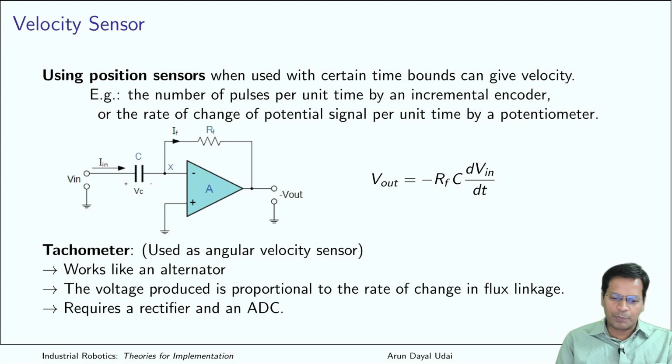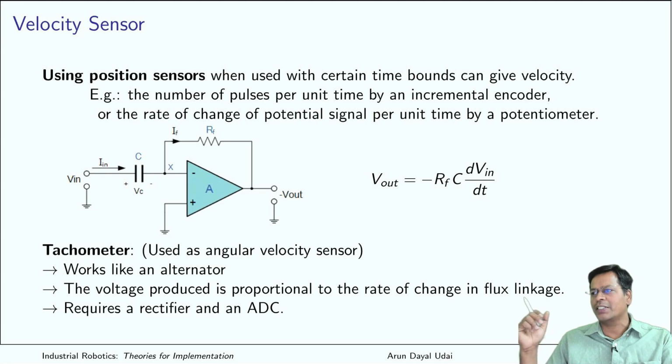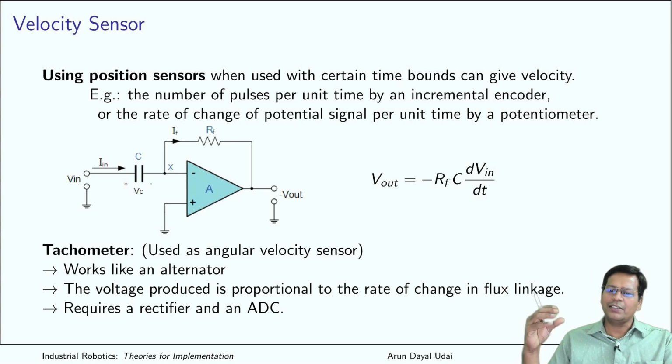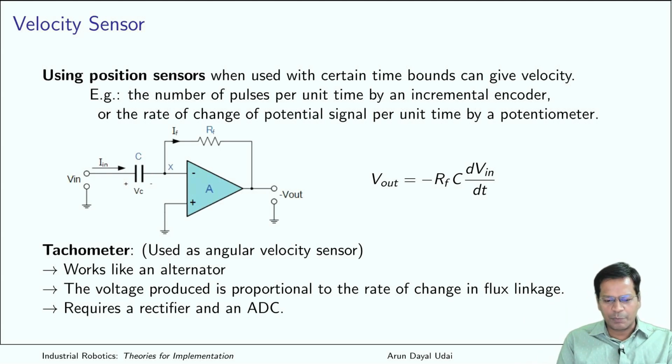That can be used, but the voltage coming may be AC, alternating in nature, so you may require an AC to DC filter, and then you can use that filtered voltage to measure your input shaft velocity. Got it? The voltage is proportional to the rate of change of flux linkage.